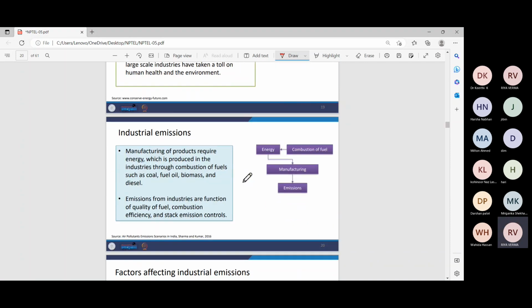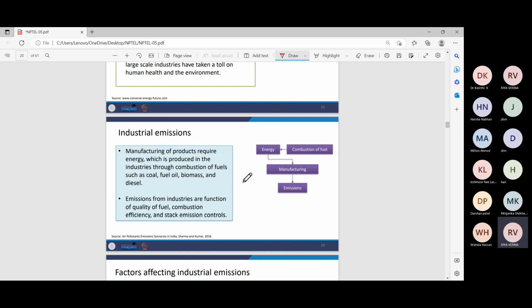So next, your industrial emissions. Manufacturing of products requires energy. Any kind of industry requires one or the other form of energy, whether some kind of combustion is included or some other source of energy is there.